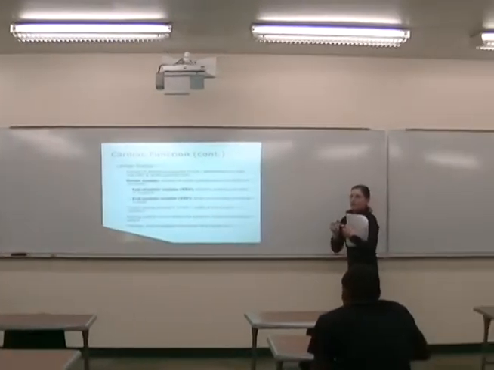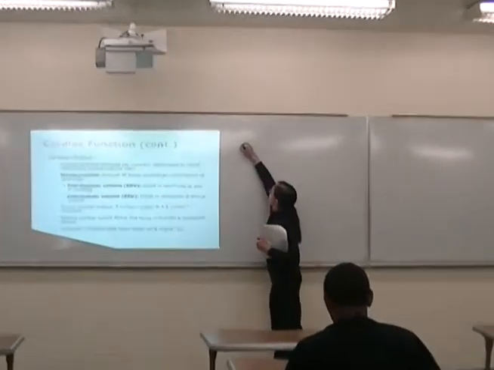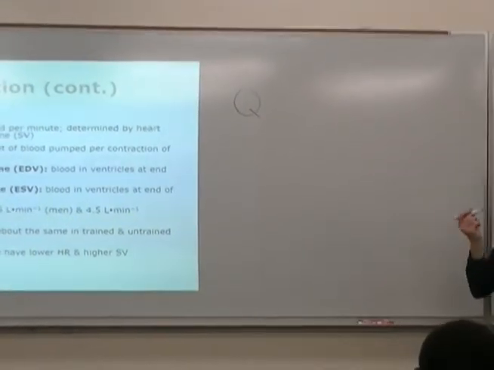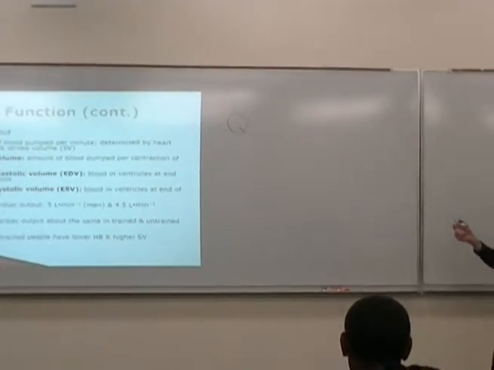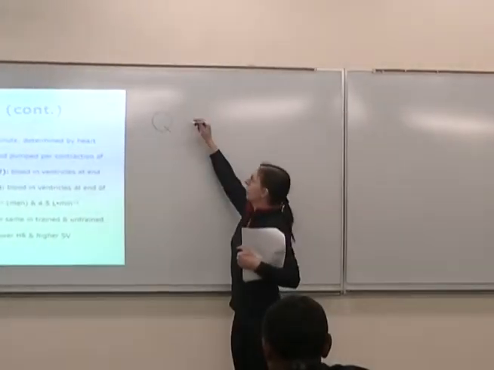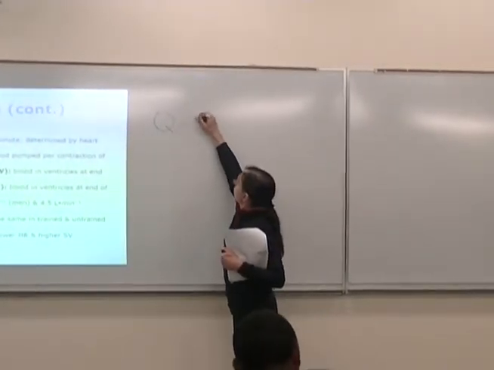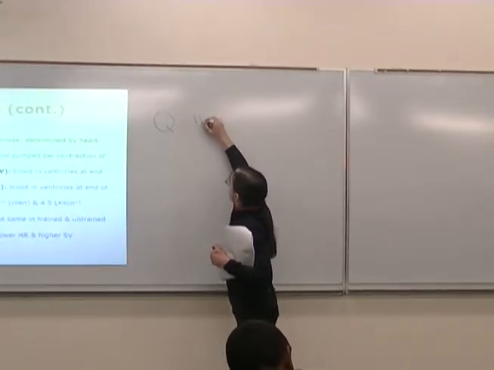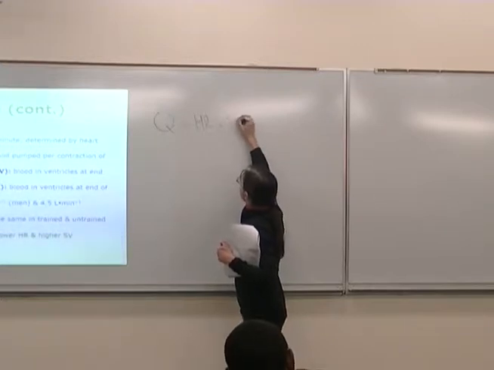So Q is cardiac output. How much blood is pumped per minute? And you can calculate Q by heart rate and stroke volume.